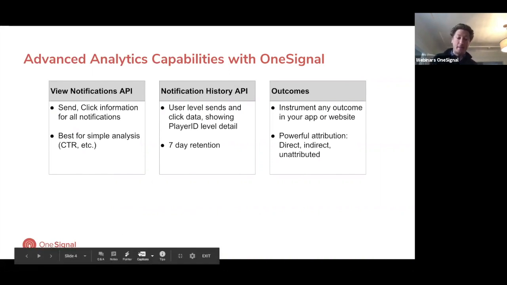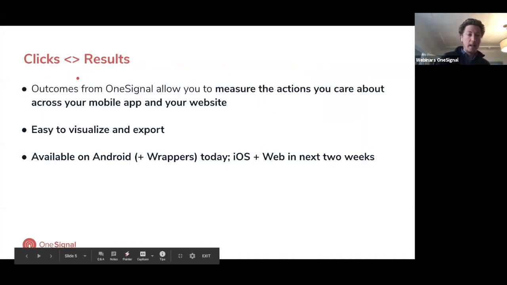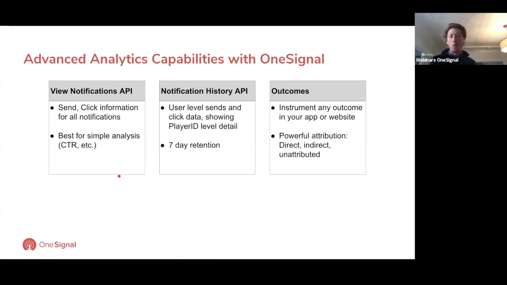And that effectively allows you to get all the data that you would want to know at a macro level. How many folks got this notification? How long did it take to send? What was the click-through rate on that notification, and so on. So that's where sort of most folks start, by just kind of looking at click-through rates in the dashboard or via the API if they want to do it that way.